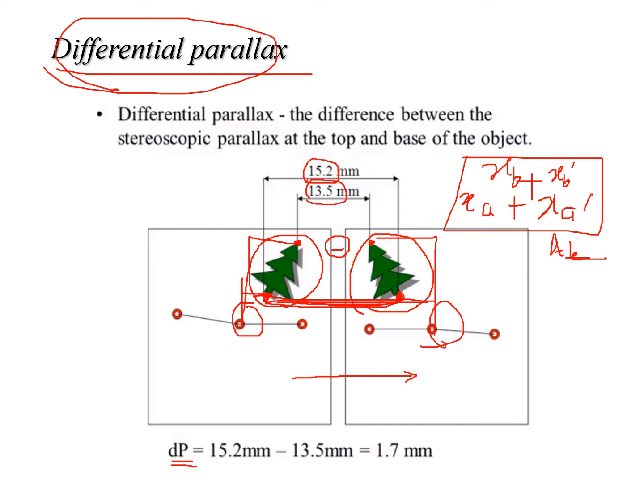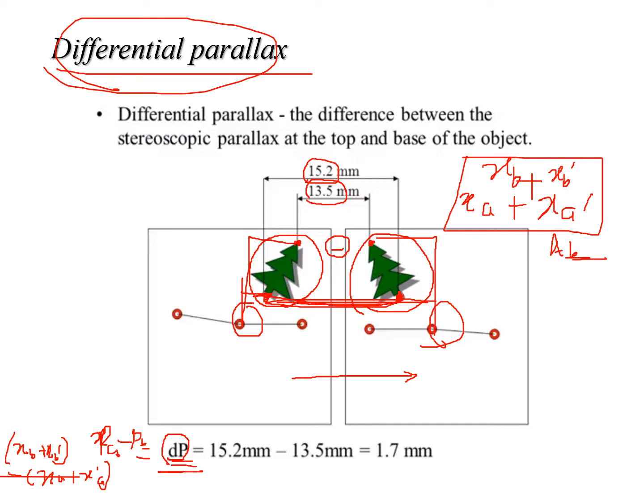Here dp, that is the change in the parallax, is the same as xb plus xb dash minus xa plus xa dash. In other words, pb minus pa, that is nothing but your differential parallax.